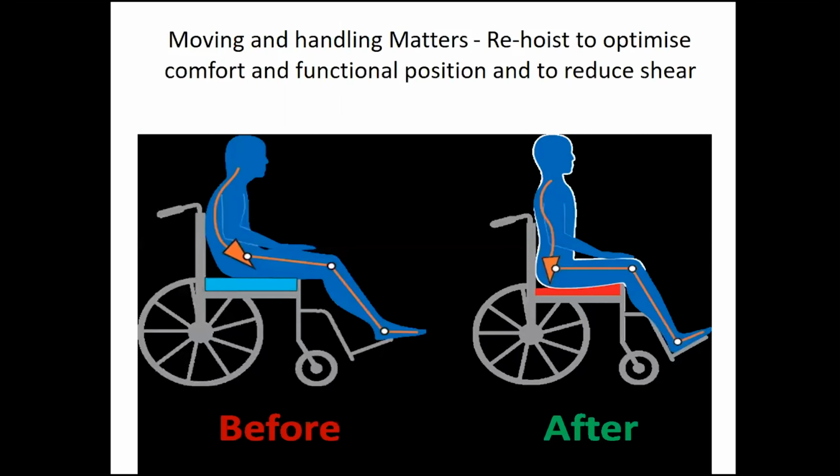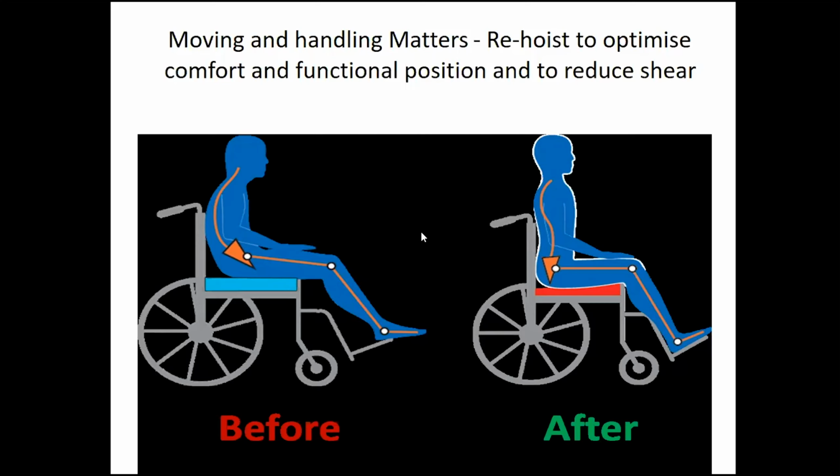So there we go. But not forgetting moving and handling. In terms of positioning, we often see this first posture, people being plopped into their wheelchair or armchair without being optimized from the get-go. So obviously you've then got our ever familiar shearing going on, but also look at that poor person's respiratory function compared to that.